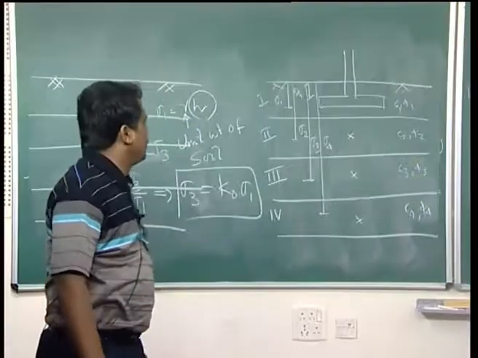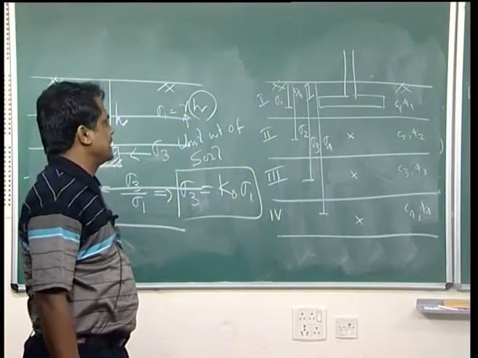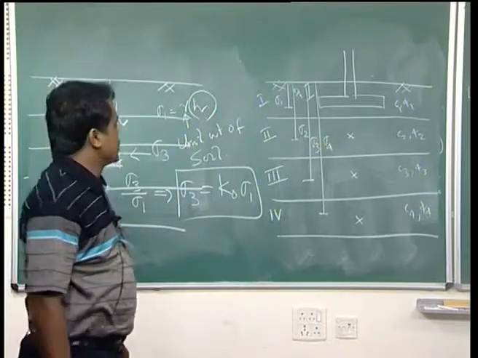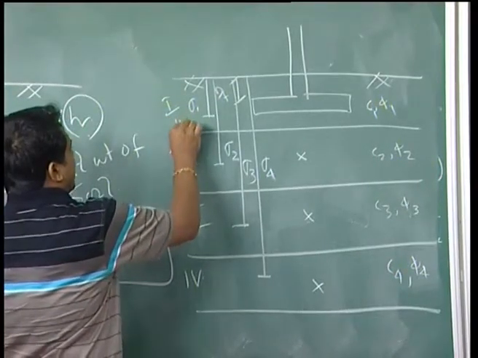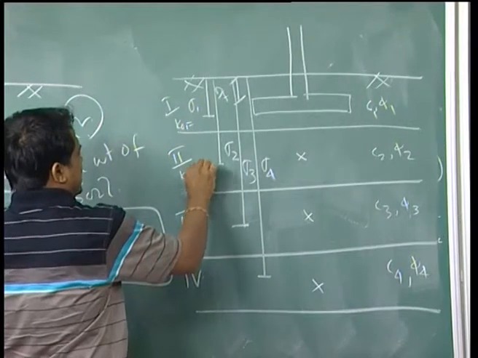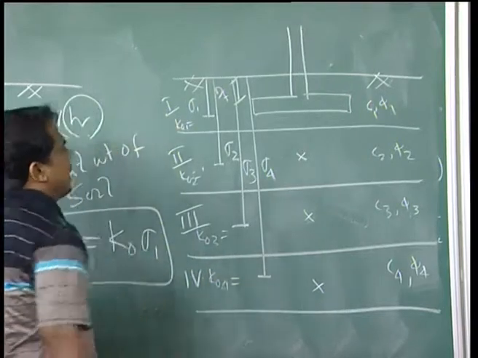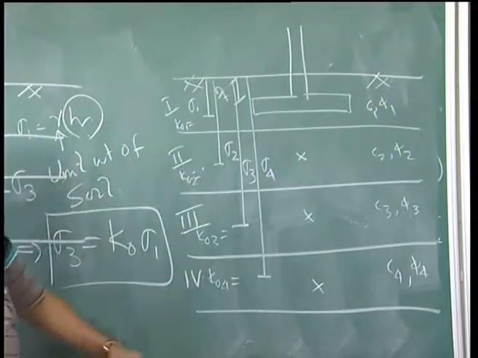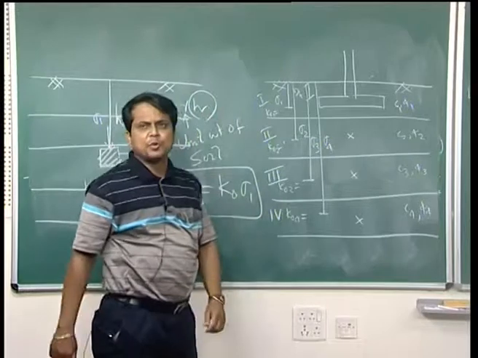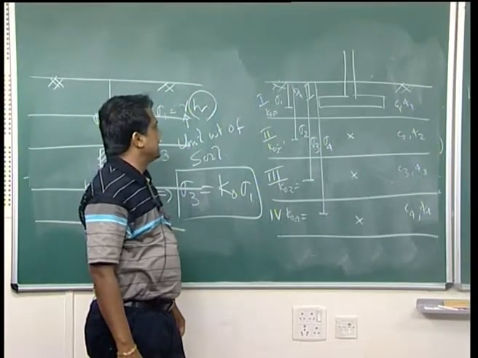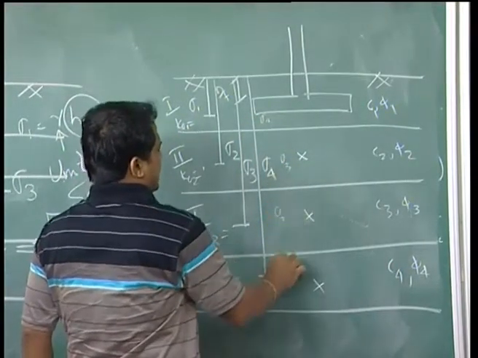What I mean is, if you do not do a hydraulic fracture test or maybe a pressure meter test, you cannot find K0. Once you know the K0 value of each layer, layer 1 K01 is this, layer 2 K02 is this, K03 is this, K04 is this, then with known values of sigma 1, sigma 2, sigma 3 and sigma 4, you can easily calculate the value of sigma 3 here, here, here and here.